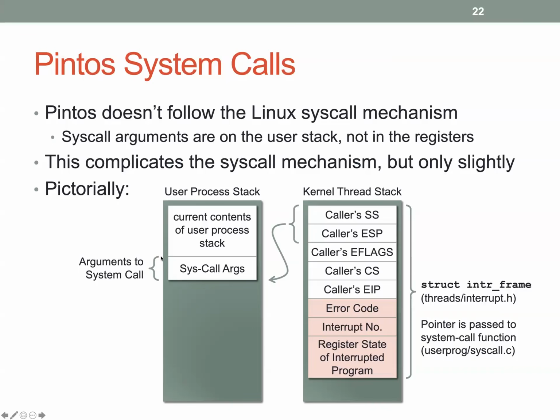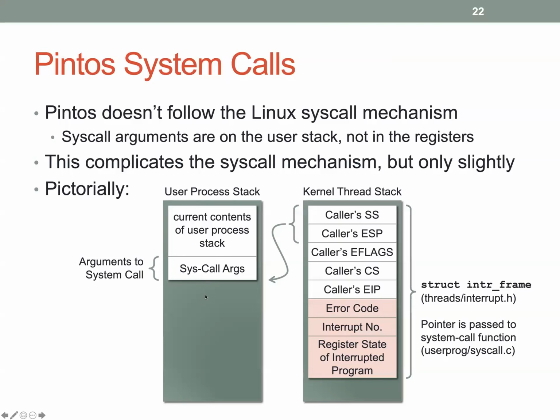Well, at some point, the Pintos test program will invoke system calls, and the system call client code, or the stuff that lives in user mode, is going to push stuff onto the stack to invoke the system call. Then it's going to trap into the kernel.